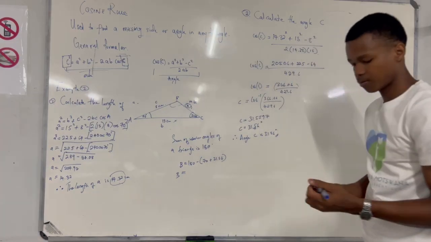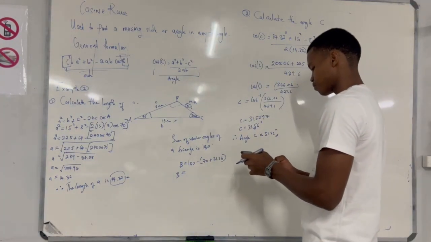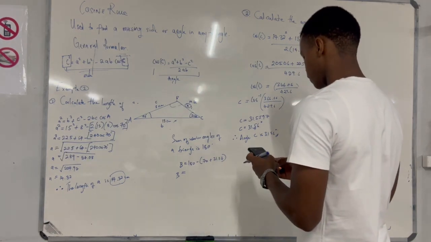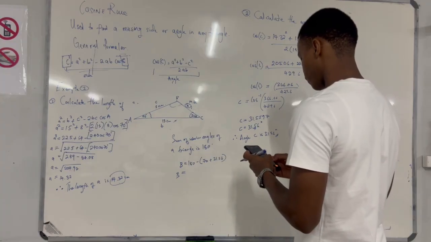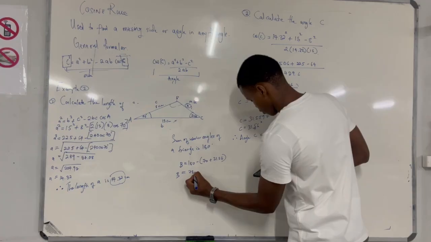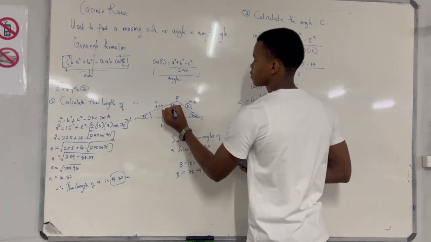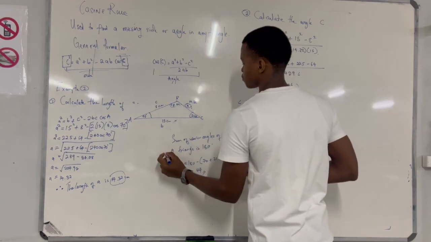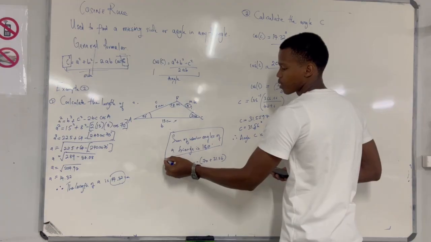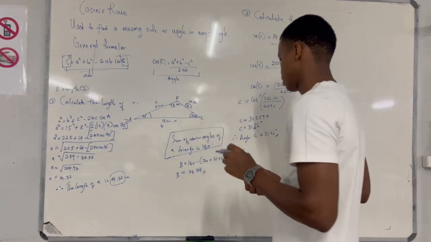Punch your calculator and you should get 78.44. So B is 78.44. This is really important when dealing with triangles. You can apply it anywhere, so make sure you have this in your head.